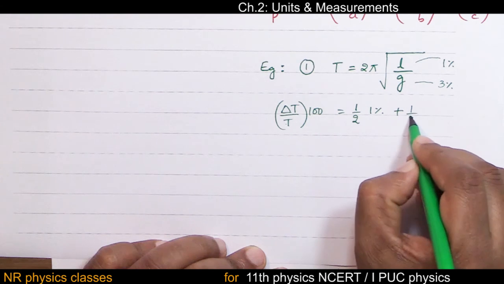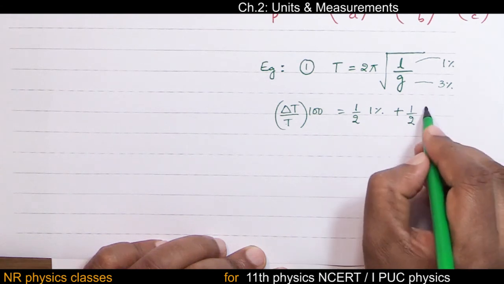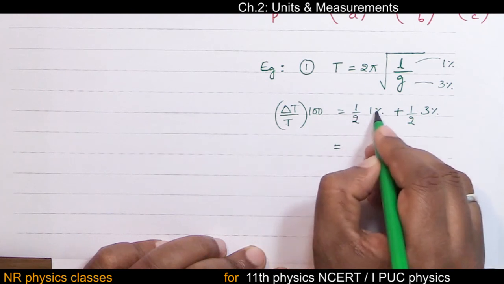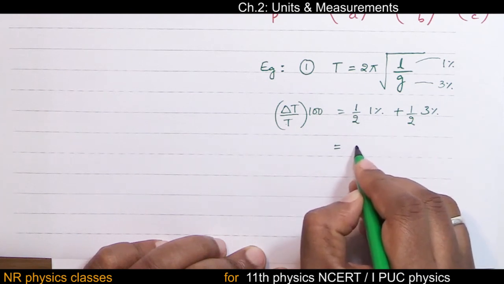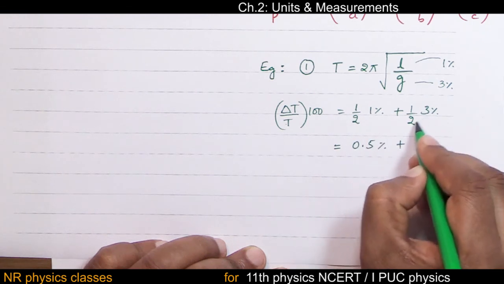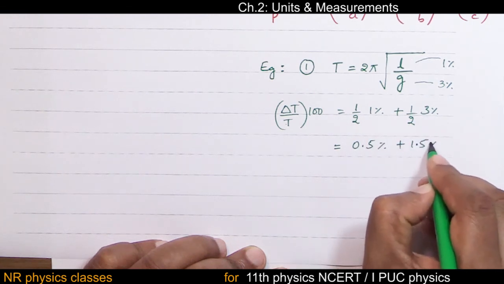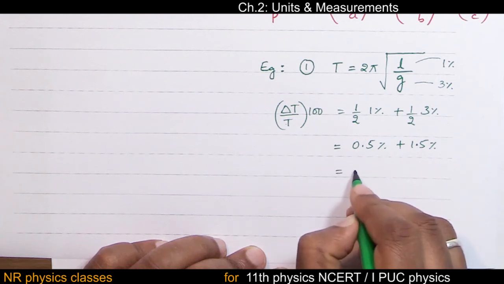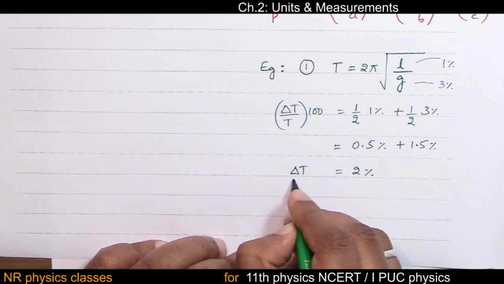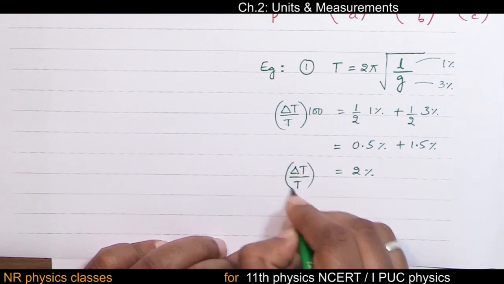Therefore, the power is half into 3. What is half into 1? Half, 0.5%, plus 3 by 2, 1.5%, which is equal to 2%. So the error in the measurement of time period is 2%.